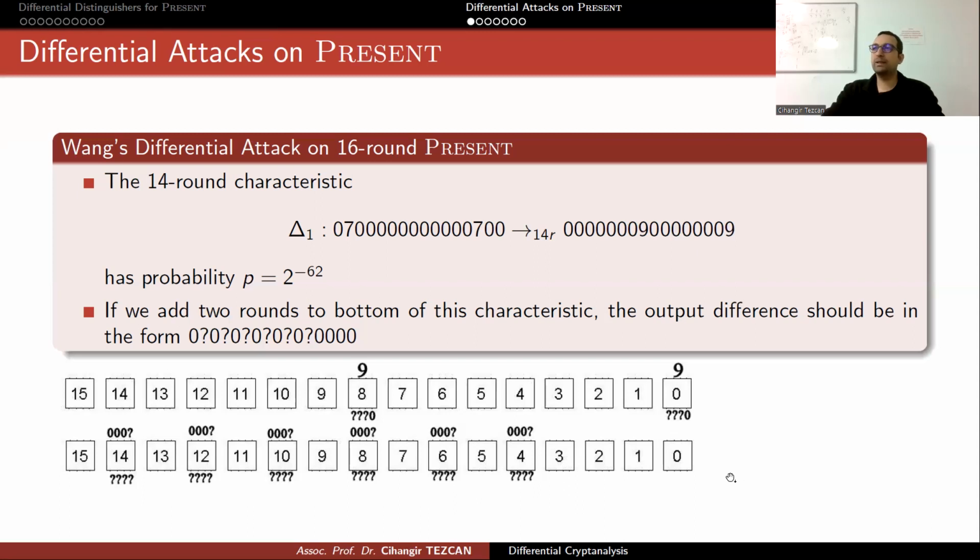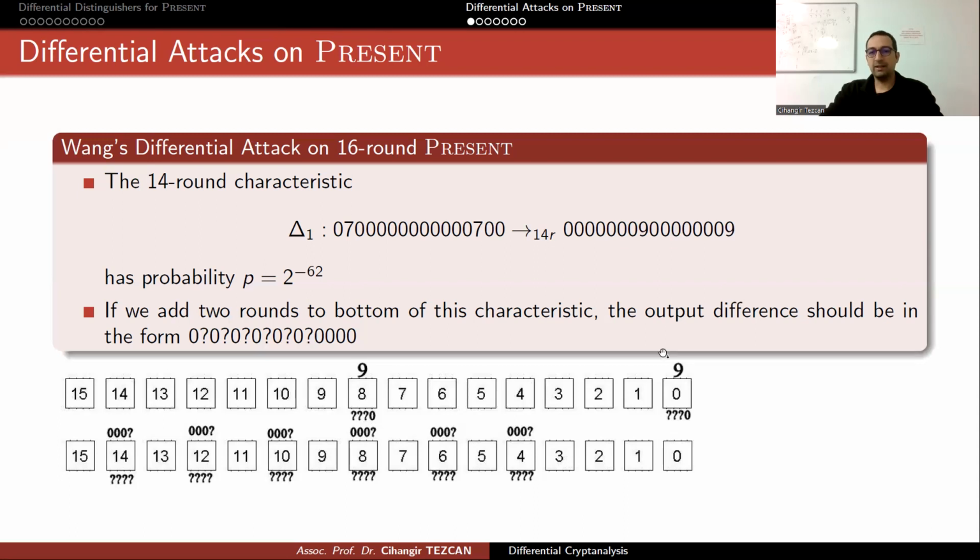Once we have those pairs, what you are going to do is the following. I removed, of course, the permutation layer here, so these question marks are mapped there. There are round key XORs, right? So you need to guess those round key XORs so that you can go back from here. Again, perform round key XORs and go back here.